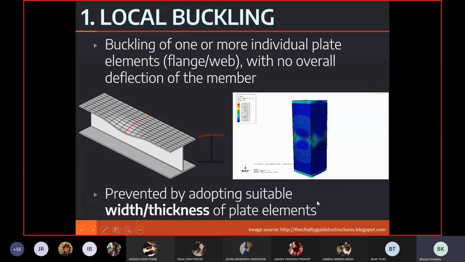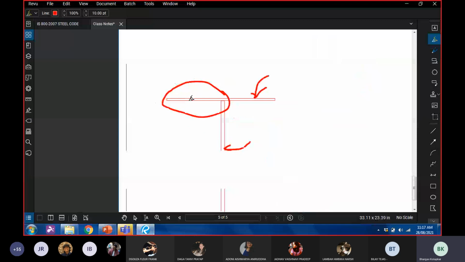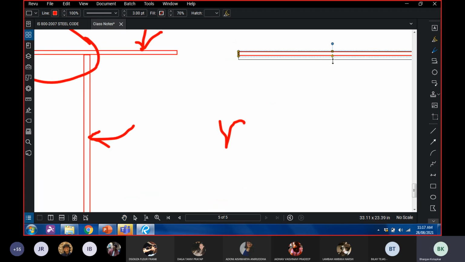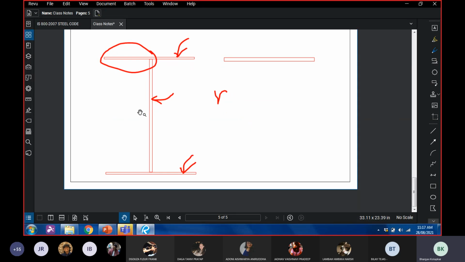So now the question is how to avoid this kind of buckling. And the answer is simple. Just make sure that you provide sufficient thickness. What I mean by that is, if you use this section, you might experience local buckling. A simple thing that you can do to avoid it is to use thicker sections.